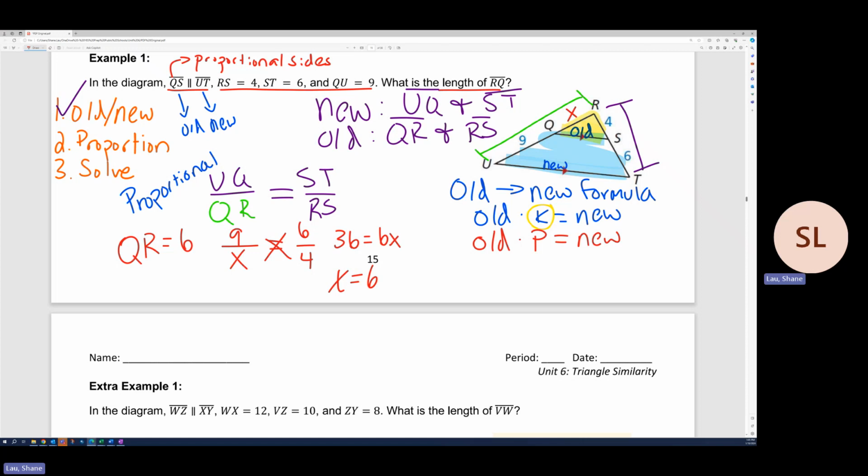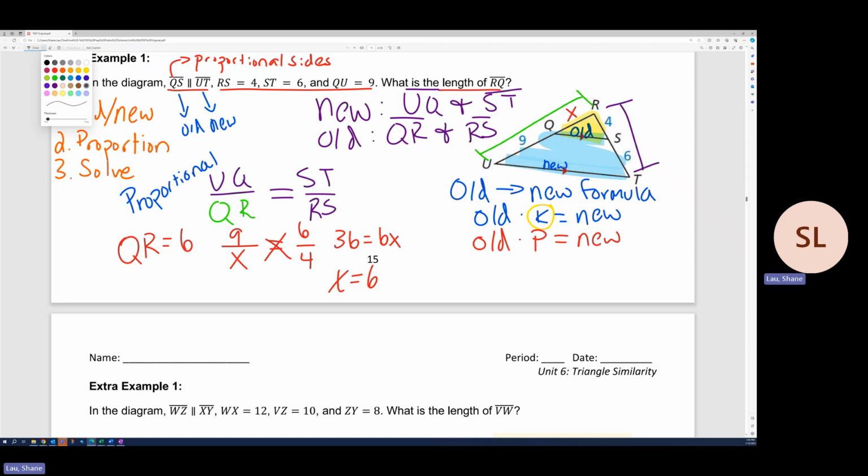Now, what you may be asking yourself is, how do I find p? I don't know where to find p. That's a valid question. However, we've already seen it before. Let's try red. The way that we're going to see it is basically how we did it in the past. If we found a segment that had 2 numerical values in the previous part of the unit, we were able to find a scale factor like that.